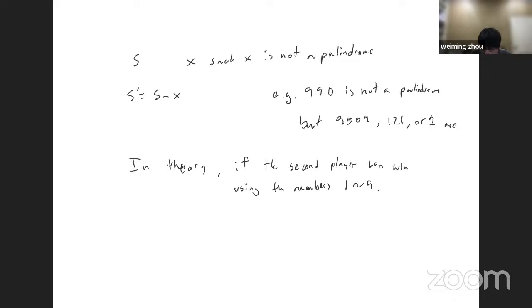Yes, this is the first bronze problem. This is the most important observation: at least from the perspective of the second player, they can win using only the numbers 1 through 9.